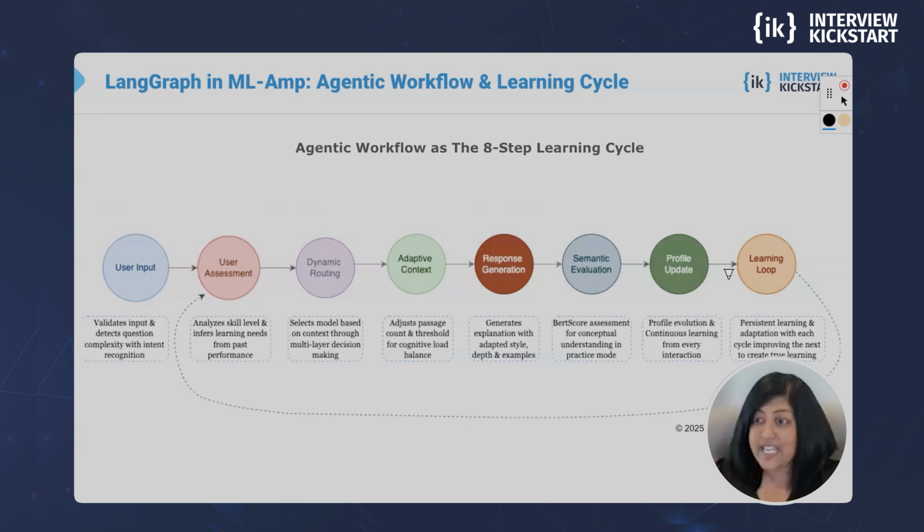Right? So this is the 8-step learning cycle, and this covers how MLAMP is using the agentic workflow, leveraging both LangGraph as well as AI agents with the ReAct pattern.